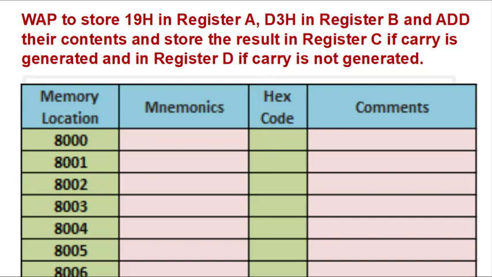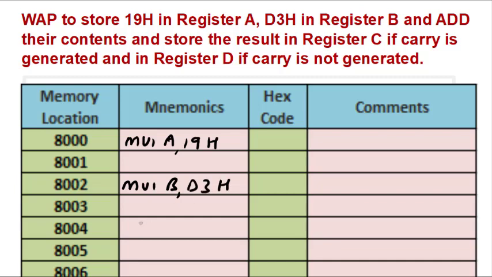First, of course, we need to store the data: MVI A, 19H. This is a 2-byte instruction. Then MVI B, D3H, also a 2-byte instruction.